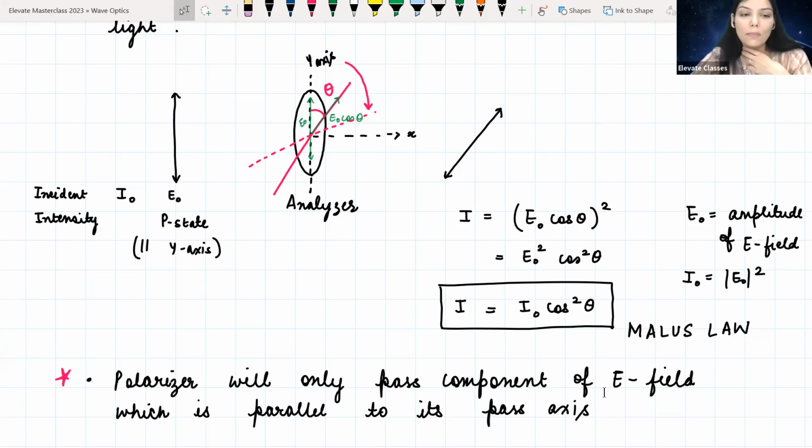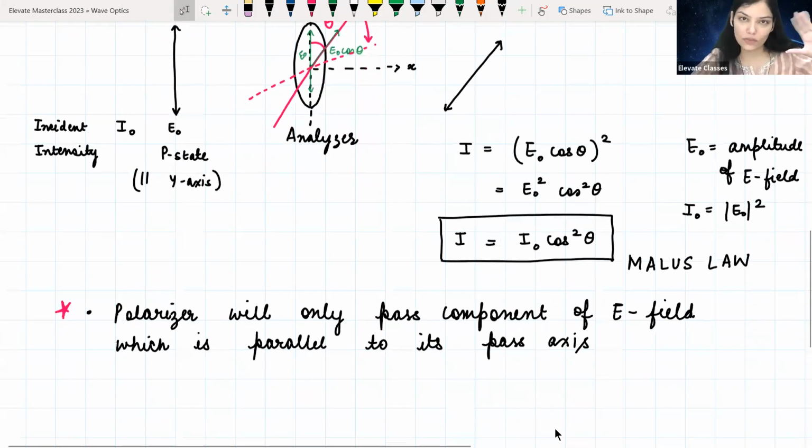Okay, and depending on different types of polarization states, we will get different types of curves, and just by looking at what kind of curves we are getting, we can understand what the polarization of the input beam is.